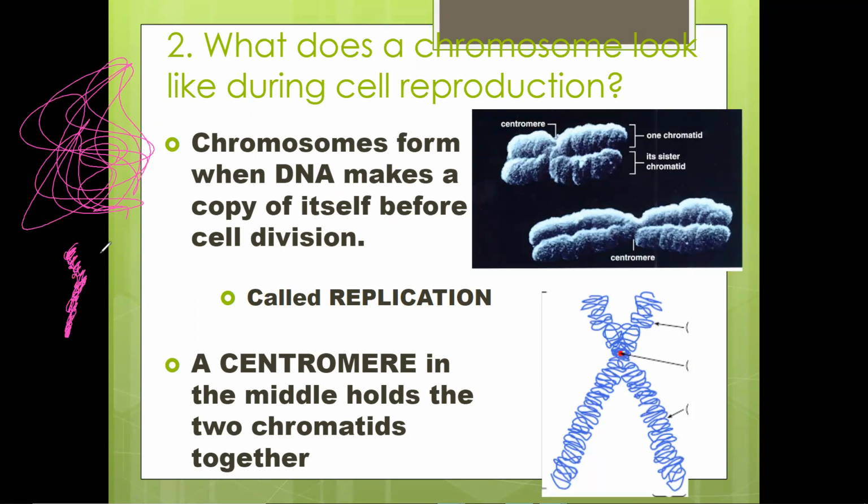And as it's copying it, the other half is going to form on the other side. And then those two things are connected with that centromere. So you see that starting to look like this situation over here. So that centromere really conjoins the original DNA segment with the copy DNA segment, is what I'm saying to you. Okay?